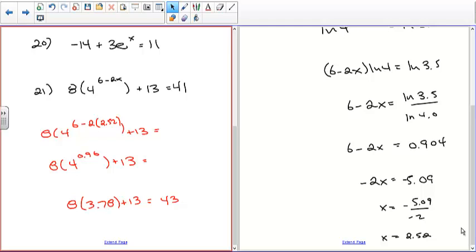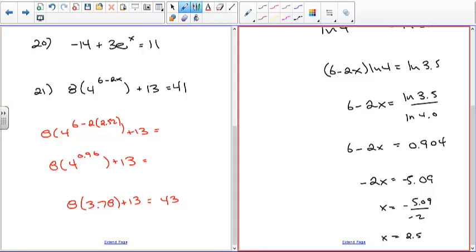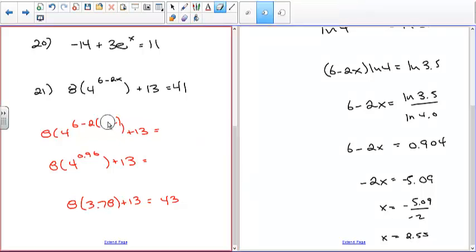Yeah, so I got 2.55. So let's see if that fixes it here. So I did 2.52, 2.55. Go over here.